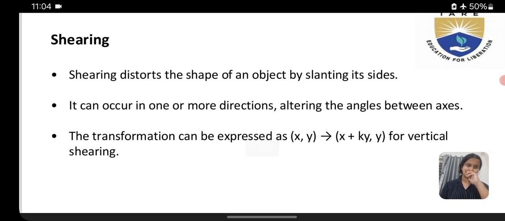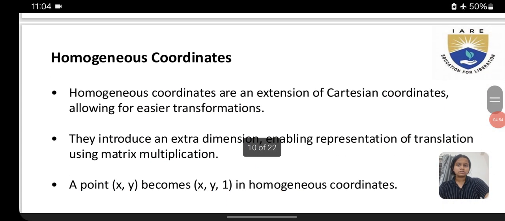Shearing distorts the shape of an object by slanting its sides. It can occur in one or more directions, altering the angles between different axes. The transformation can be expressed as (x, y) in open and closed parentheses.